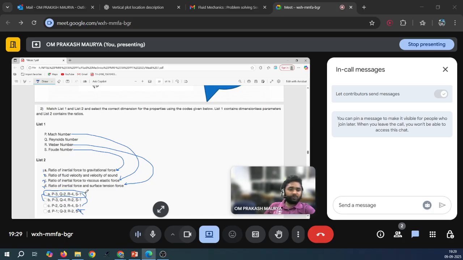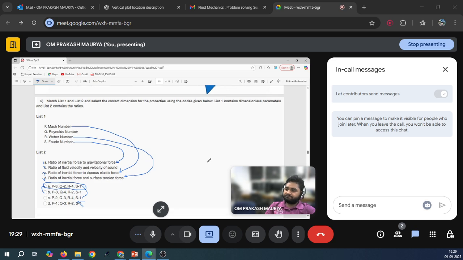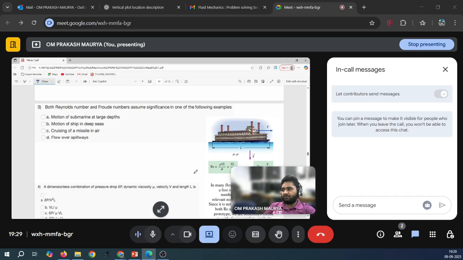So like that you will approach the solution, not in a hurry. Okay, let us move on to the next question, very important. Both Reynolds number and the Froude number assume significance in one of the following examples. Out of the 4 options, in one option you can apply both Reynolds number and Froude number.